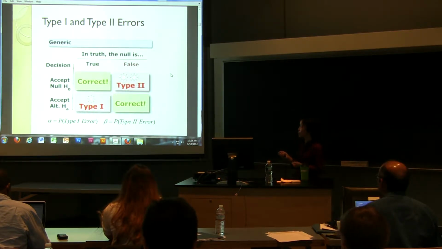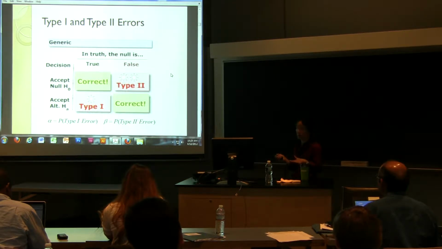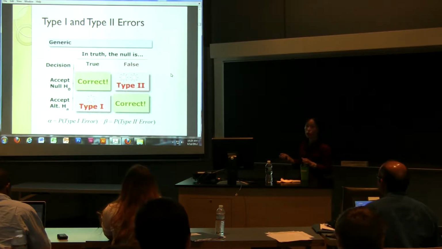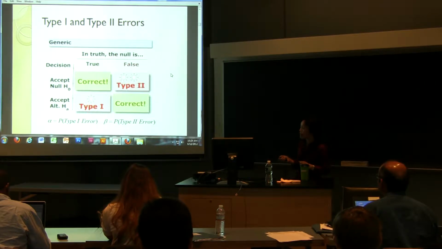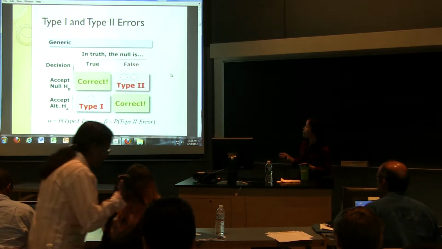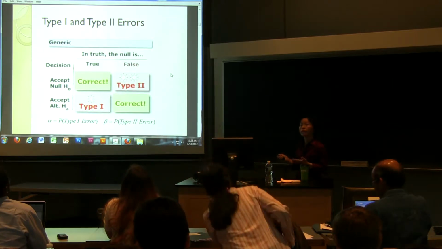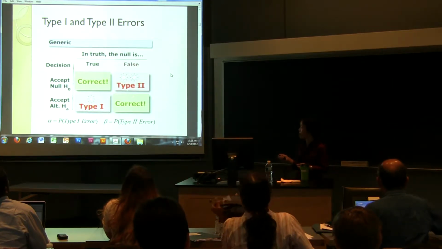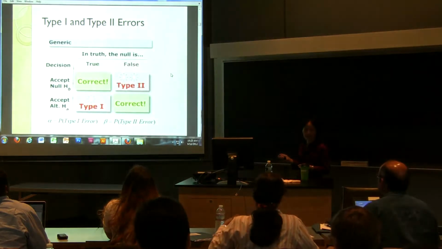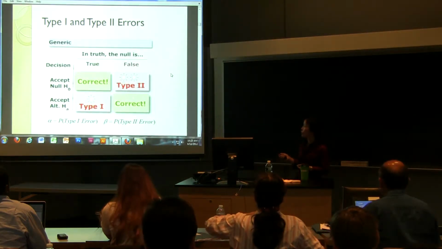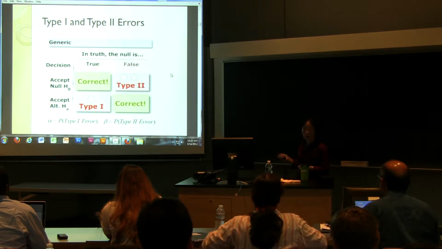If in truth the null hypothesis of no difference is true, but we make a decision that the null hypothesis is not true, we accept the alternative hypothesis. In this case, we made a type 1 error, that's a false positive. But if in truth the null hypothesis is false, in other words, the alternative hypothesis is true, but we accept the null hypothesis, in this way we make a type 2 error.